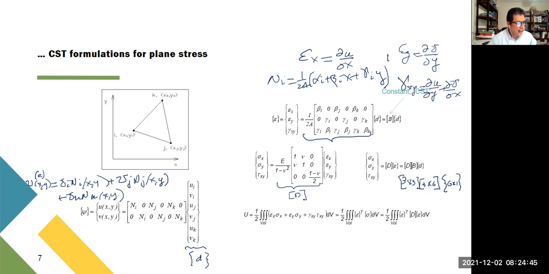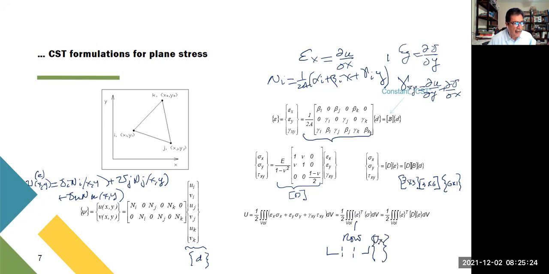Okay, so this is epsilon, sigma, epsilon y, gamma, tau. You see here, I have the epsilons, and here I have the gammas, the sigmas. Okay, so we can say that this is a row. So it's something like this. And this is a vector.